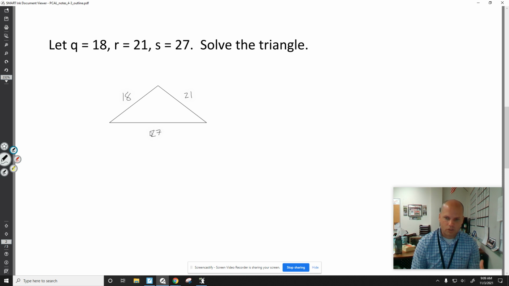Now, it's up to you what you want to find, but you're going to have to start with finding an angle. If we're using inverse cosine, cosine's positive in the first and in the fourth quadrant.